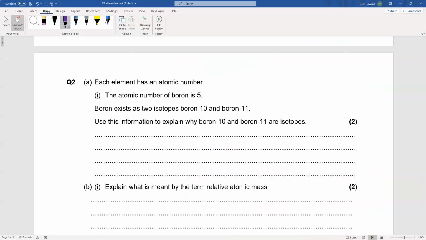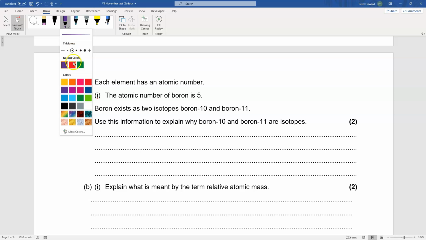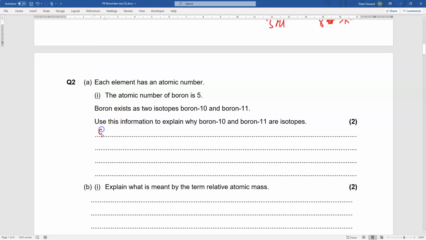So if you're not sure about what to do with this, firstly you could always write down the definition of what an isotope is. So atoms of the same element. So explain what we mean by same element.